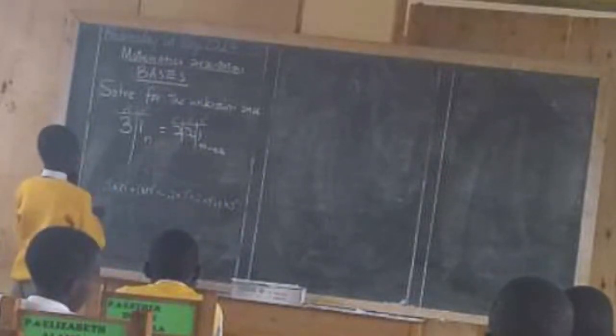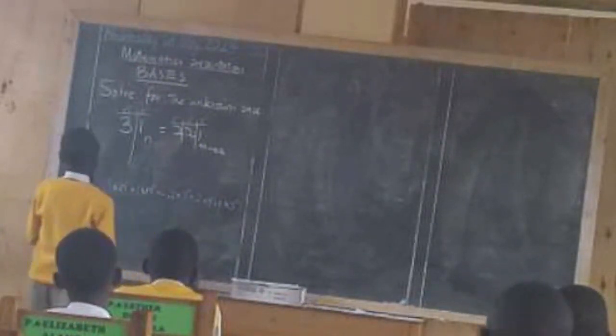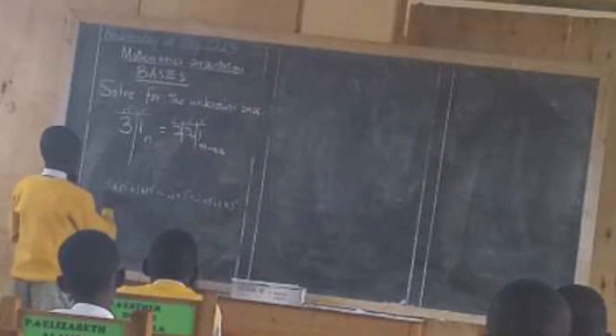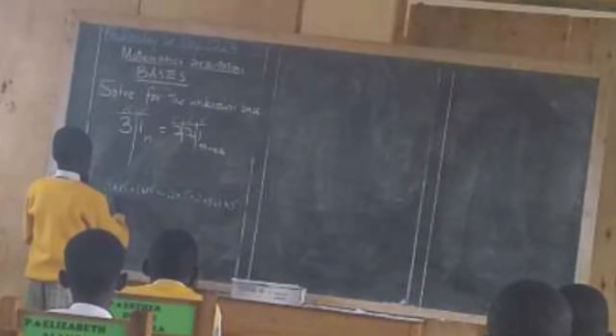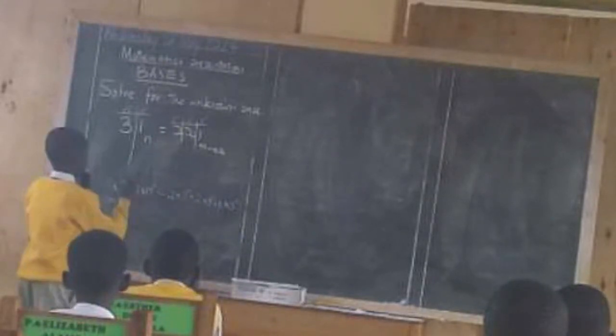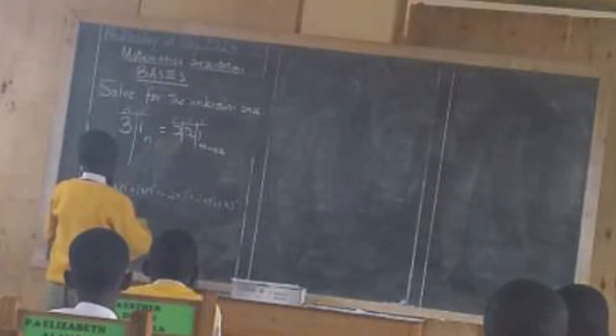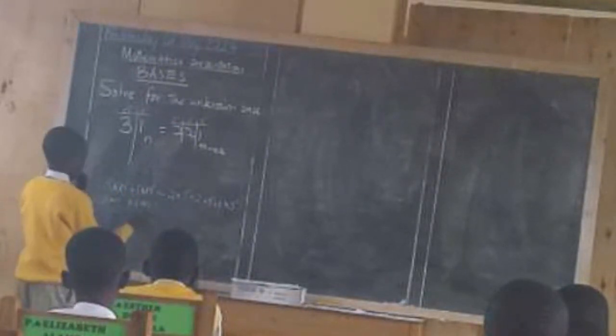Now that we have listed them down here, we start removing the powers. Let's begin. 3 times n. Any number with power 1 is that very number. Plus 1 times n power 0.